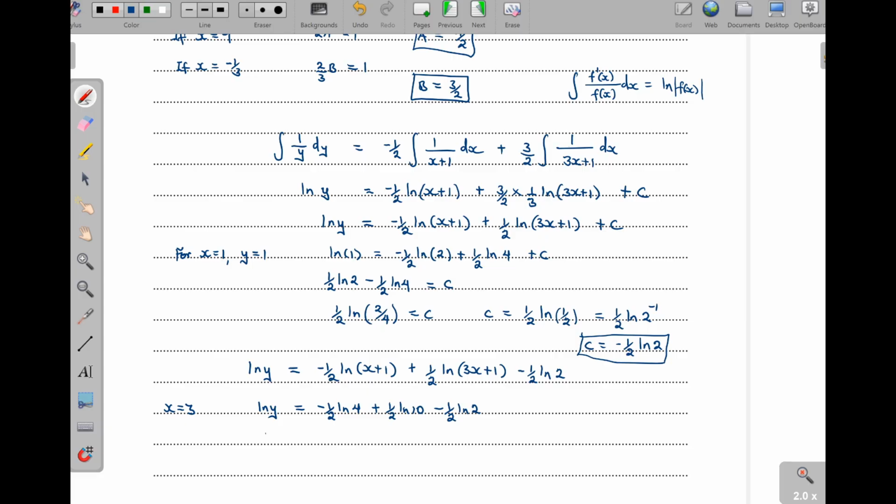Okay, now we have natural log of y, which is equal to, what are we having here? A half is common, not so? If a half is common, then inside here I'll have natural log of 10. I will begin with a positive, then minus the natural log of this 4 here, then minus the natural log, this one has to be the natural log of 2. So natural log of y will be equal to a half.